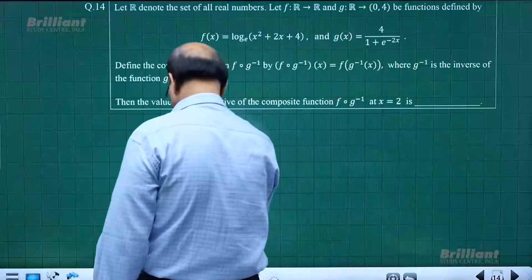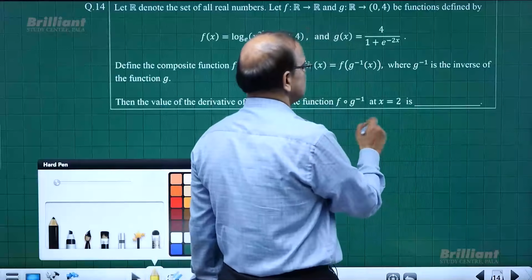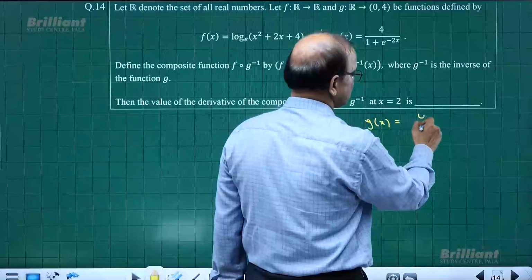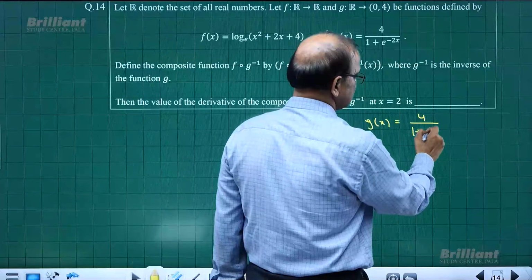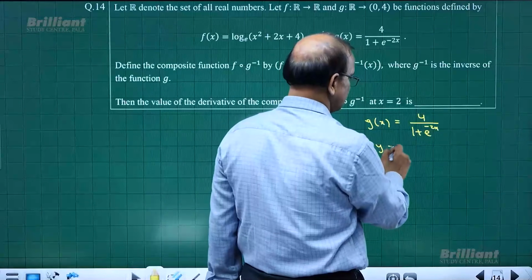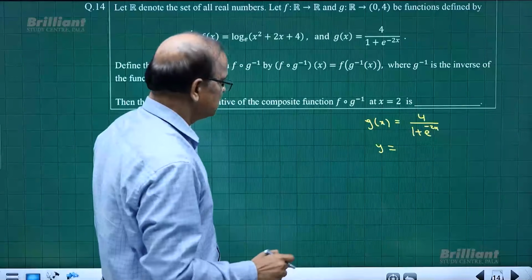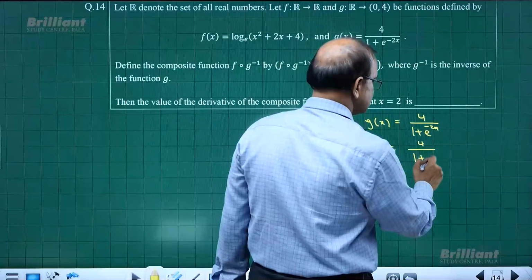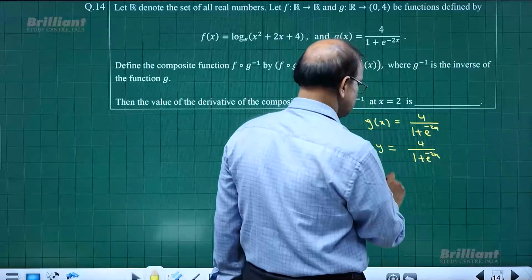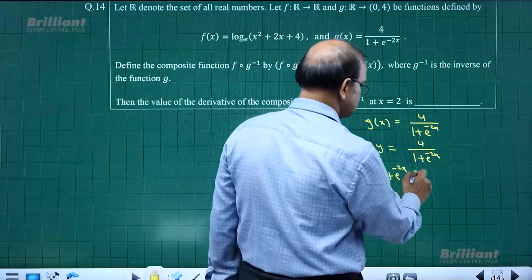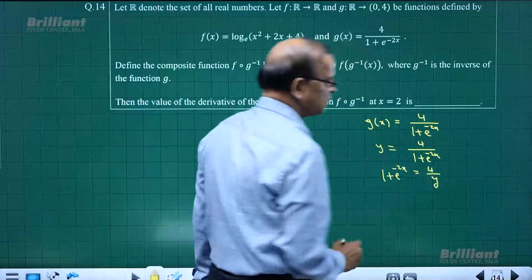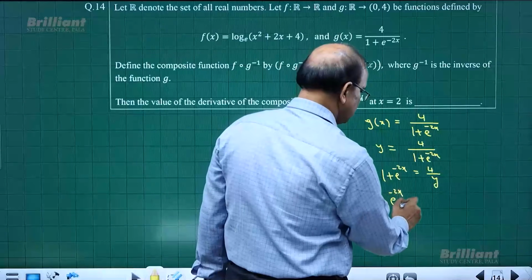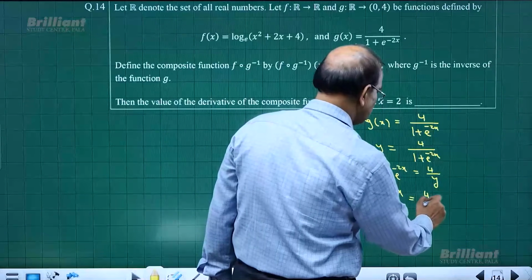So, therefore, here g of x is equal to 4 by 1 plus e power minus 2x. This you take as y, right. So, therefore, y is 4 by 1 plus e power minus 2x. So, e power minus 2x is 4 by y, transfer 1 to that side, e power minus 2x is 4 by y minus 1.